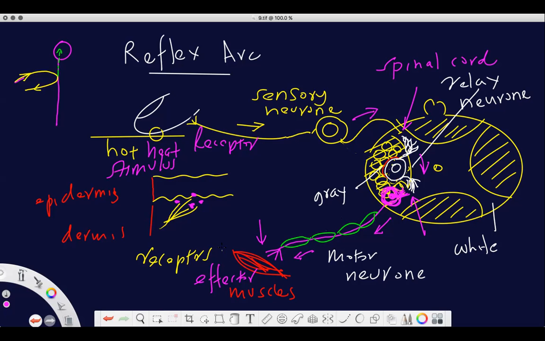And taking the hand away from this hot surface is the response. I think this is a very good example to learn the meaning of coordination, and also the pathway of the neurons, how it works, and the involvement of the brain and spinal cord in coordinating these processes.